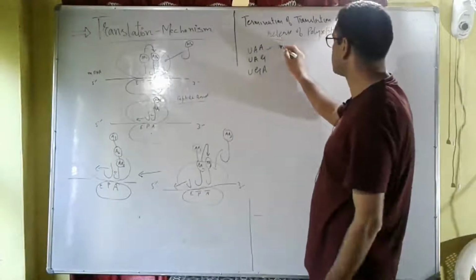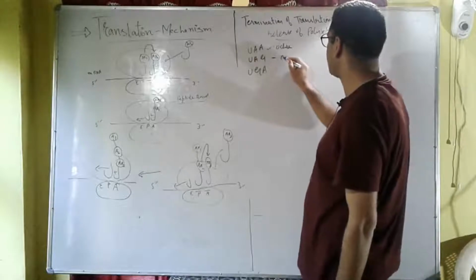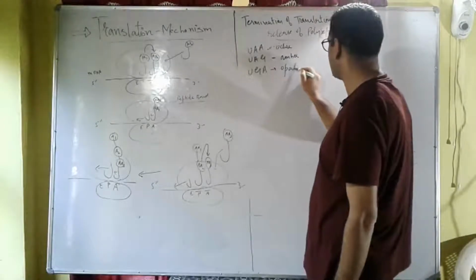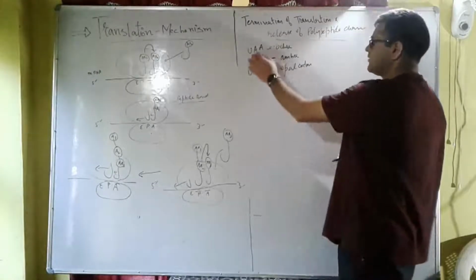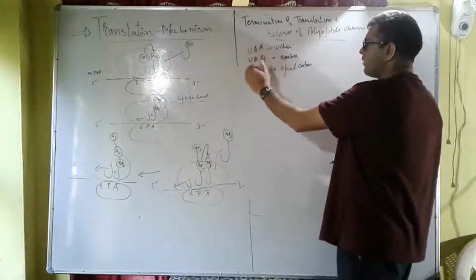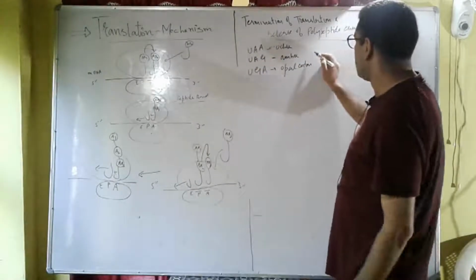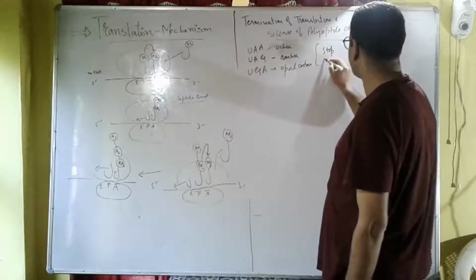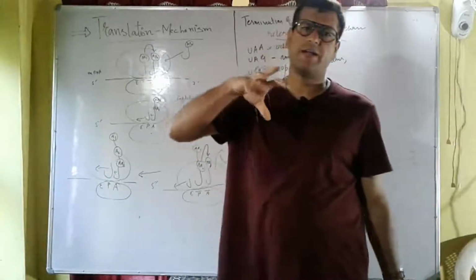UAA is called the ochre codon, UAG the amber codon, and UGA the opal codon. These are called stop codons or termination codons, or they were earlier called nonsense codons. They do not code for any amino acid.